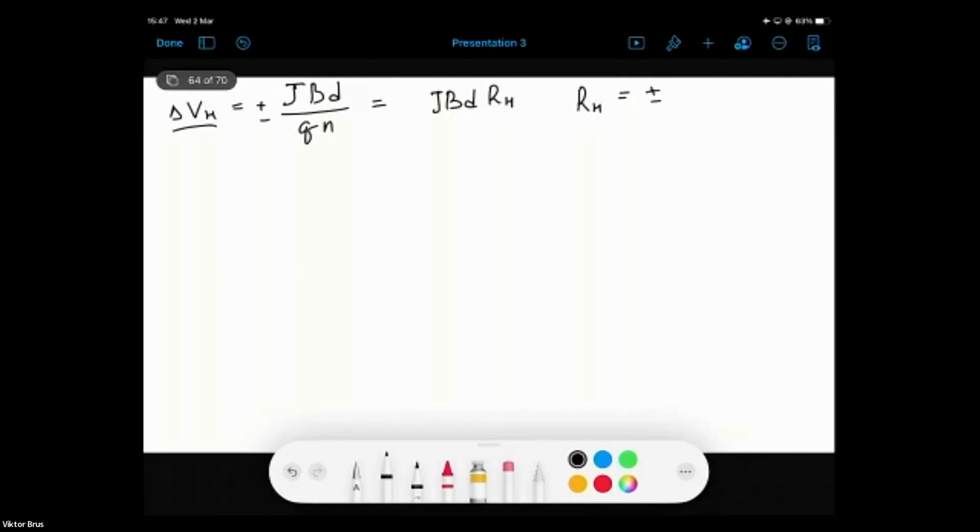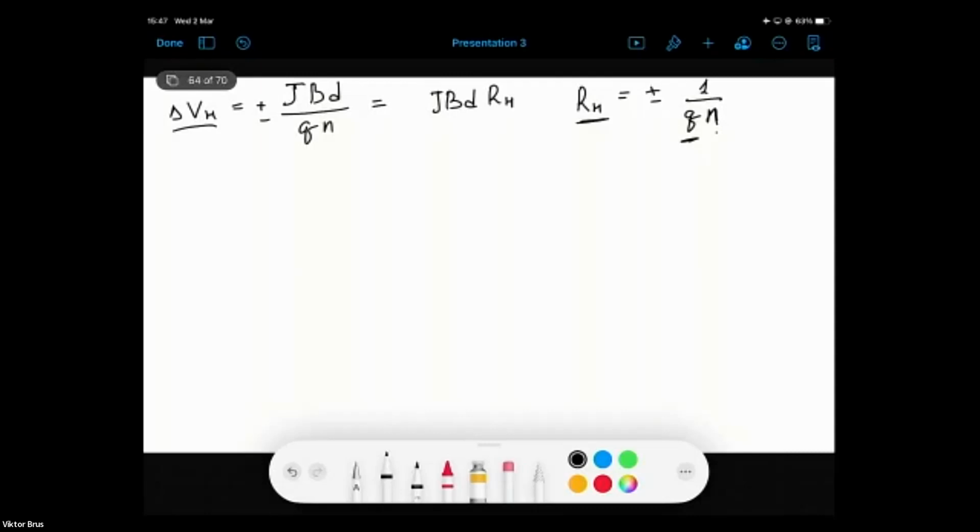It will be plus minus unity over Q divided by N. So plus minus, it's either positive or negative charge Q, and N is just concentration of charge carriers. So that means that if we know Hall coefficient, we can easily calculate concentration of charge carriers because we have this simple relationship. So it's just reversely proportional.